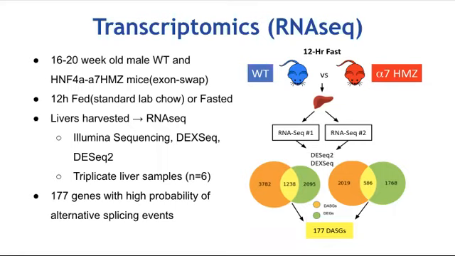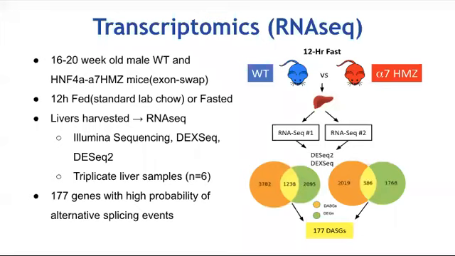Then once we took these livers, we were able to analyze them for differential expression. So basically we input the RNA-seq data into programs, specifically DESeq2 as well as DEXSeq, as I listed on the slide. These two programs can identify whether there are differential expression events or alternative splicing events going on.